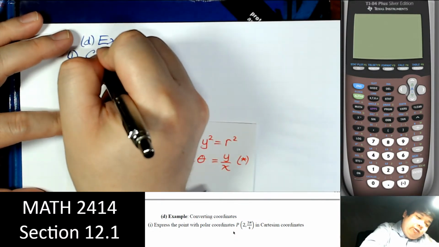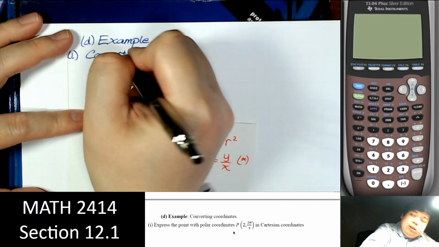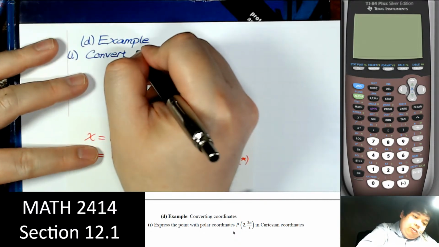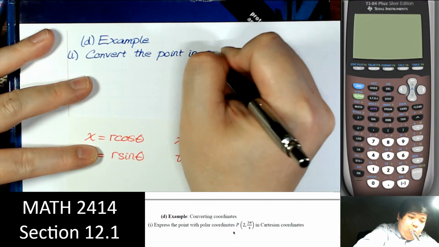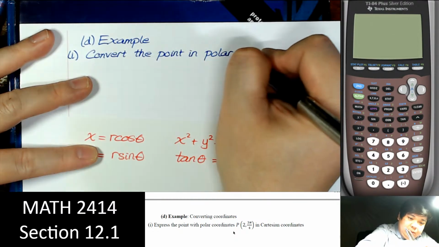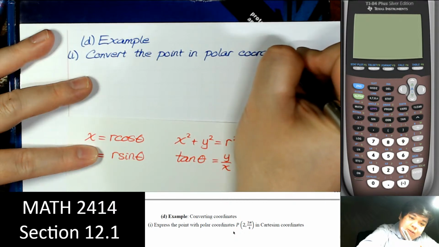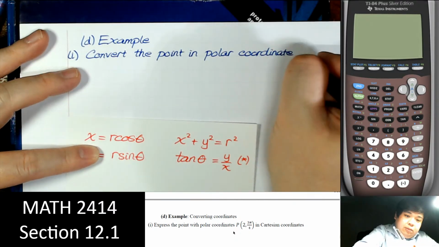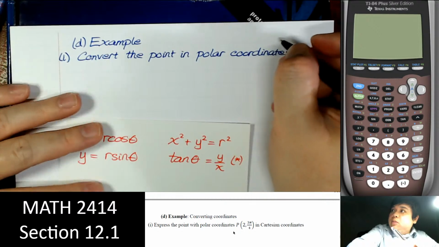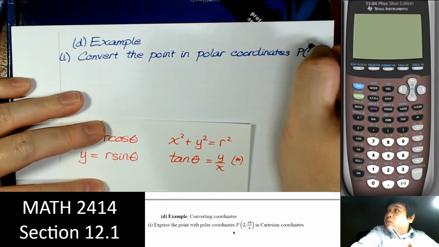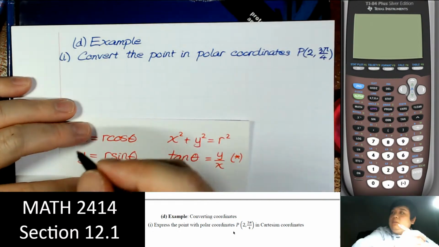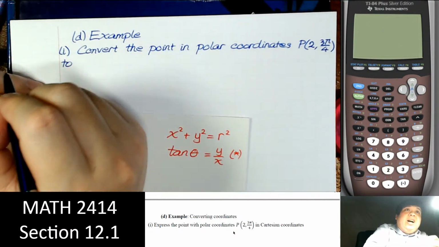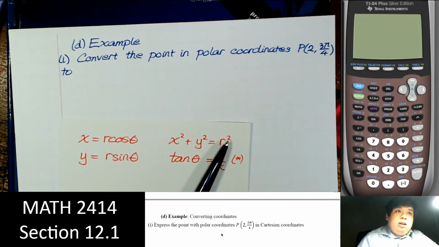So pretty much convert the point in polar coordinates to Cartesian coordinates.